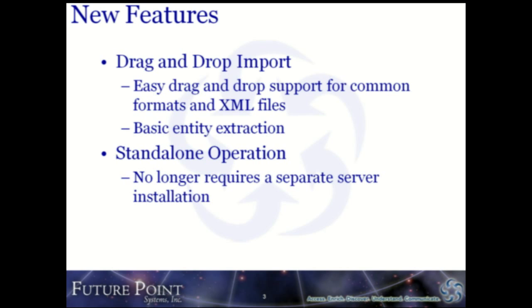So you can drop not only XML files, but also spreadsheets, Word documents, text documents, HTML, that sort of thing. Drop it right onto Starlight, and it will kick off the import process and show up directly in your project.